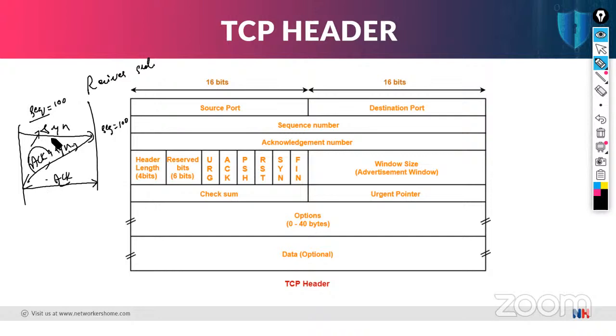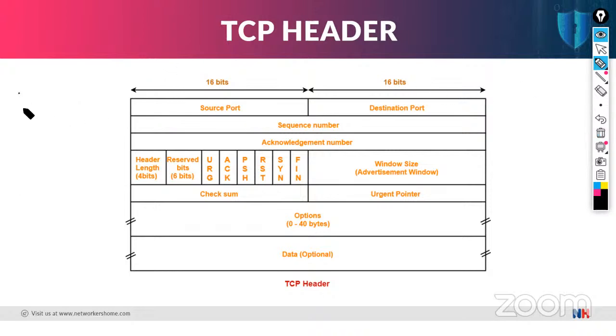Now in sequence, after SYN, the next packet should be the acknowledgement. Consider your sequence number is 100 now. Then how will you know that this acknowledgement is the next packet? How does your sequence work? After 1, it's always 2, then 3, then 4, then 5, then 6, right? This is how it should be in sequence.